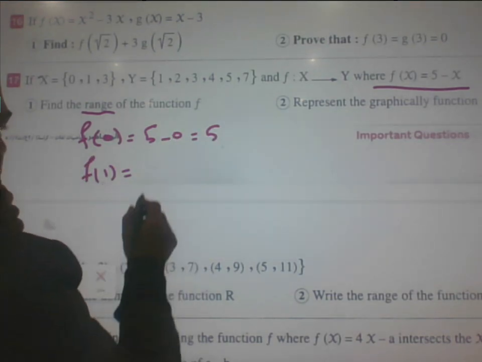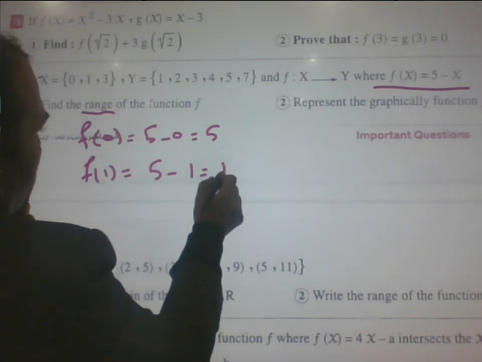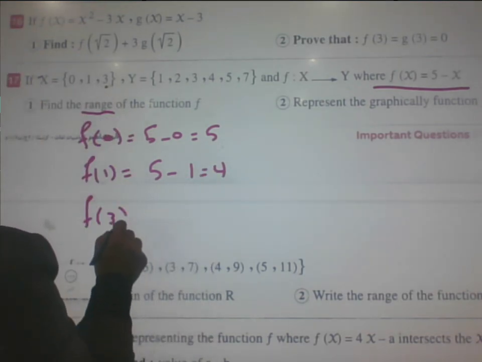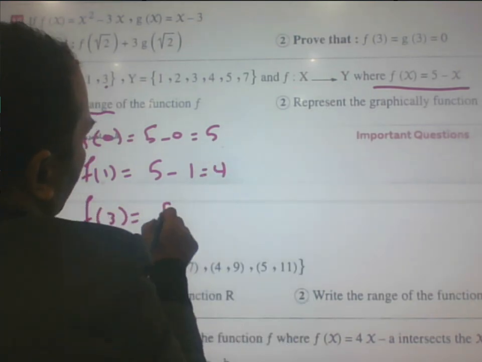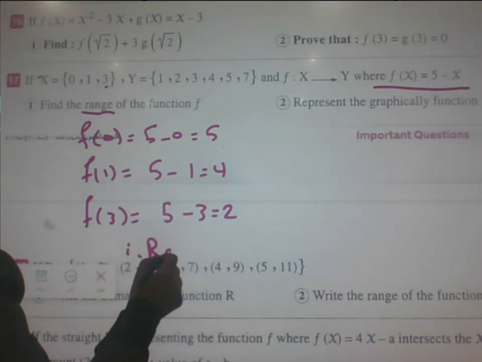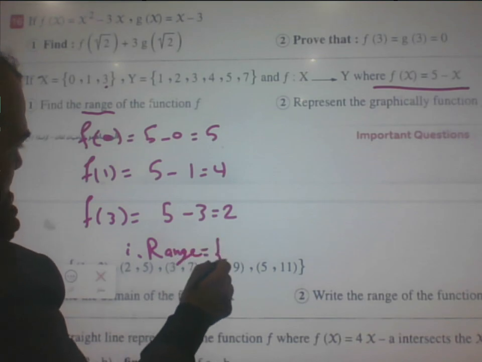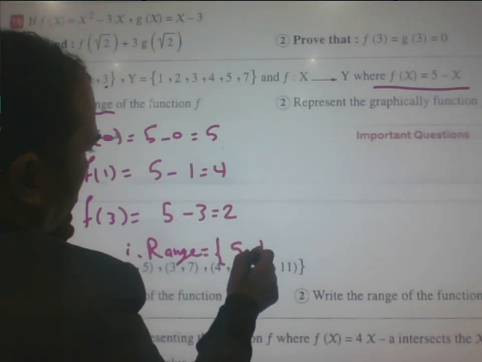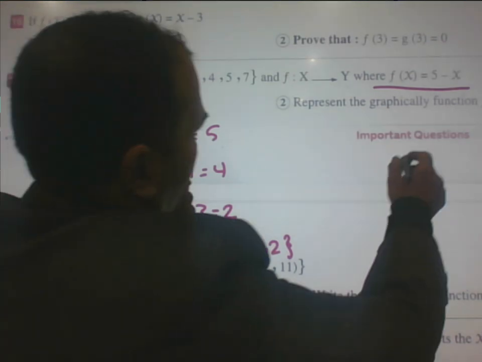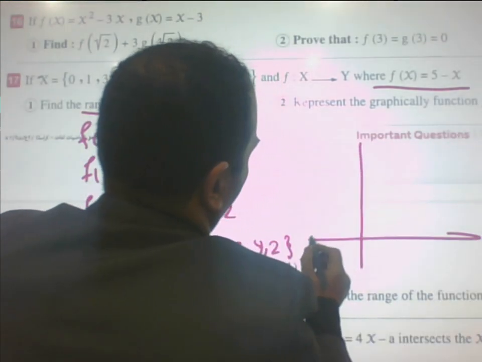And f of 1, right? 5 minus 1 is 4. And f of 3, put 3 here, 5 minus 3 equals 2. Then the range will be equal to 5, 4, and 2.